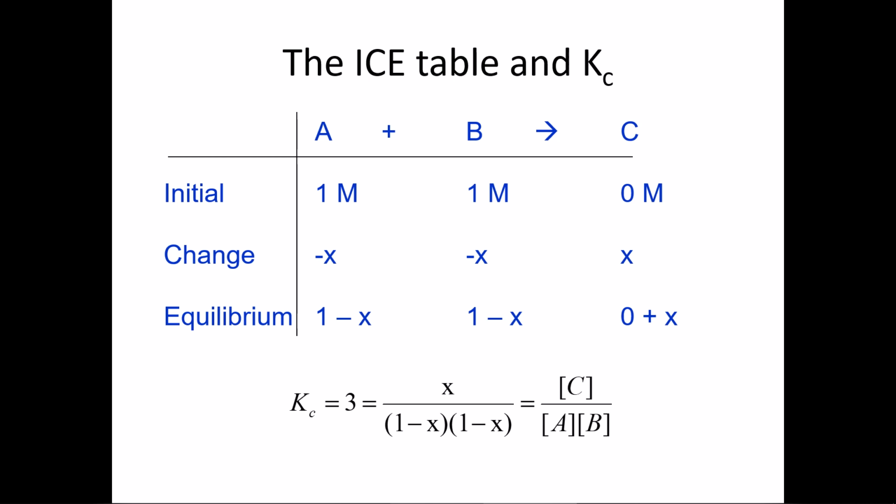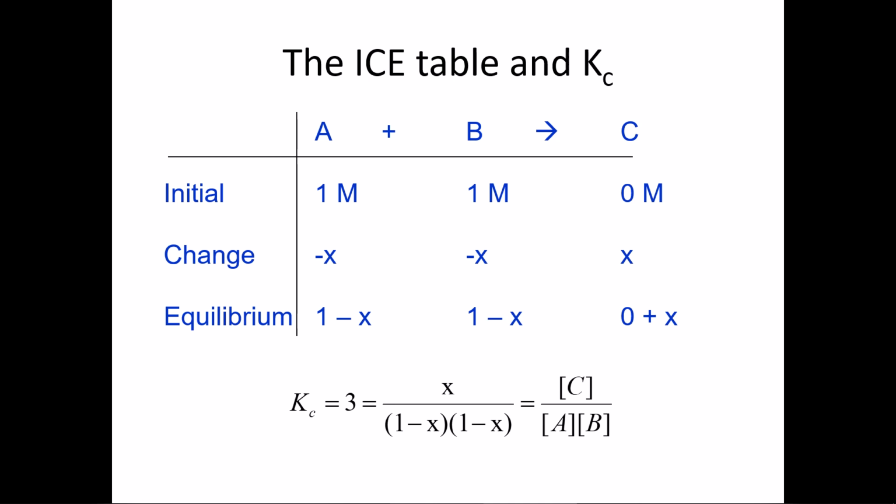Alright, now that we have our table set up, we want to take our equilibrium row, which represents our concentrations of A, B, and C at equilibrium, and put them into our K equilibrium expression.